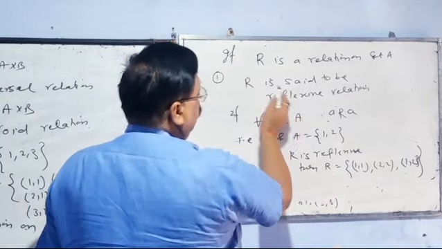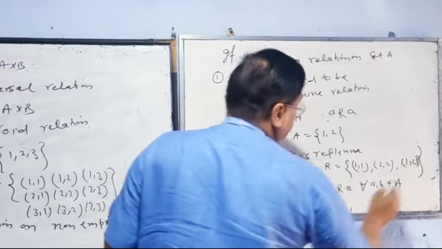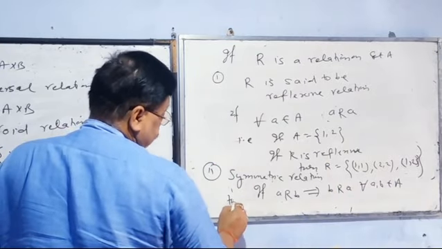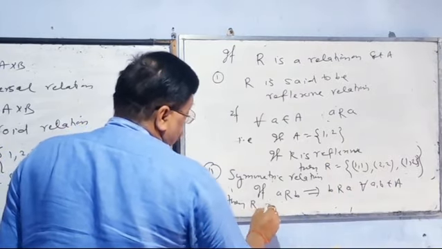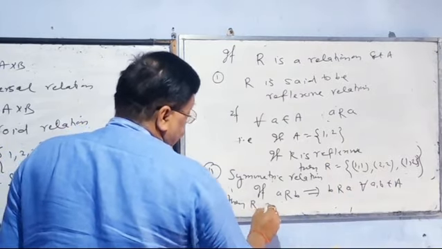Then we take symmetric relation. If a is related to b implies b is related to a for all a, b belongs to A, then R is said to be a symmetric relation.